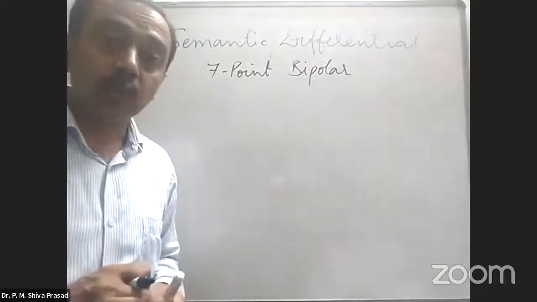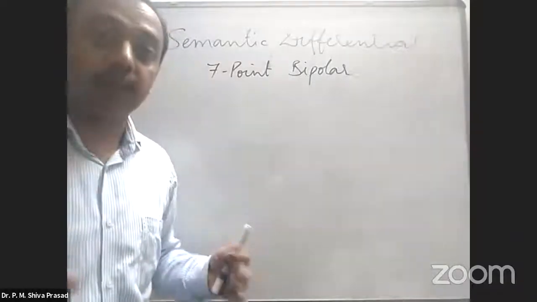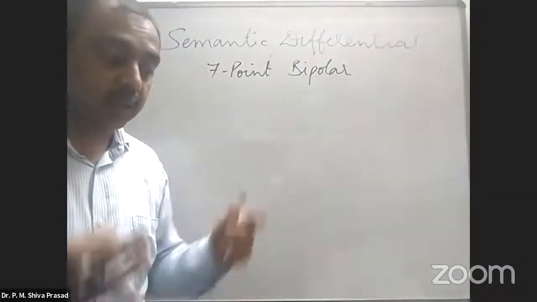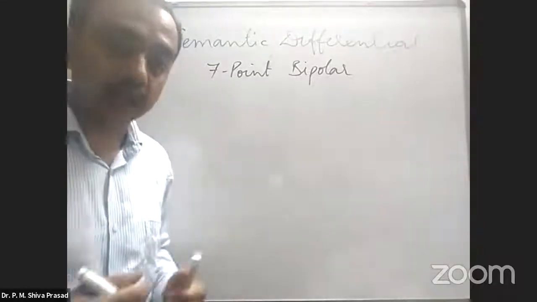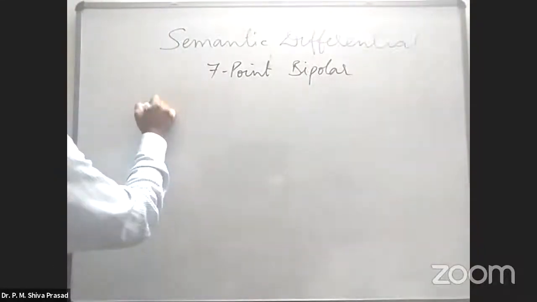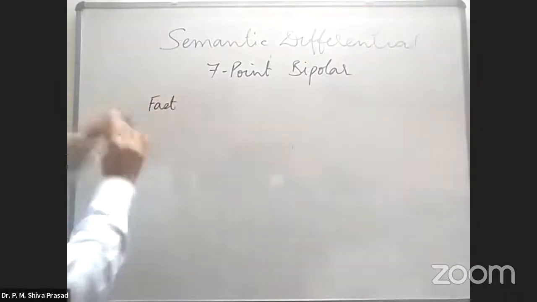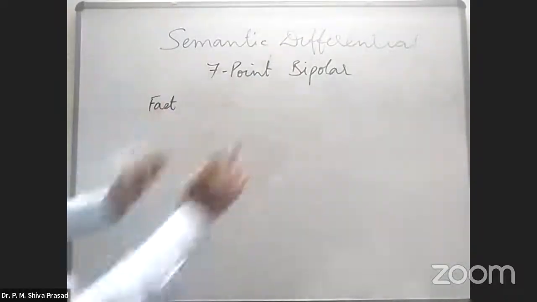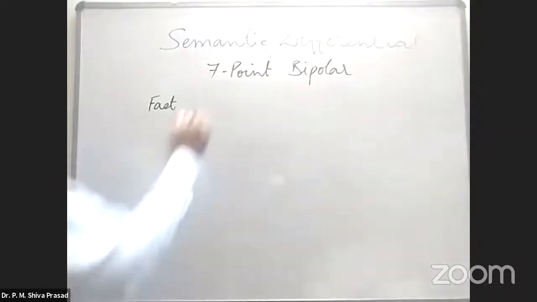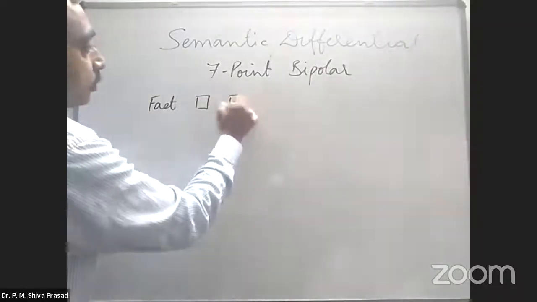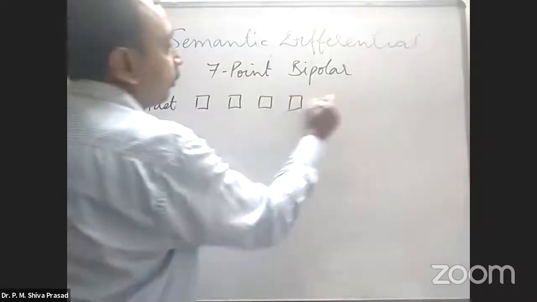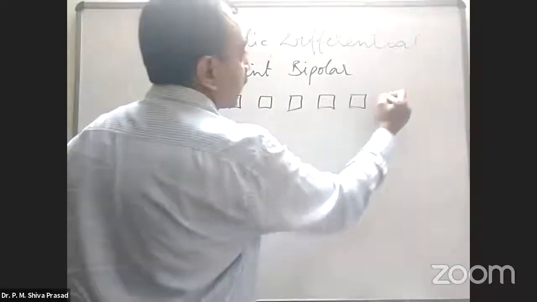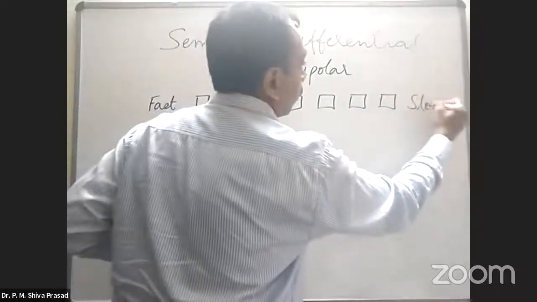You want to know the opinion of respondents towards the speed of the car. Then you can have fast on one side and slow on the other side. In between, there can be 7 points like this: 1, 2, 3, 4, 5, 6, 7, and slow.